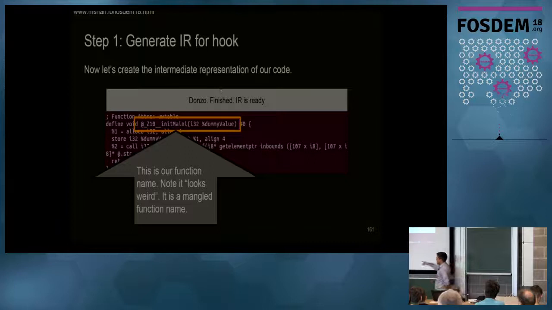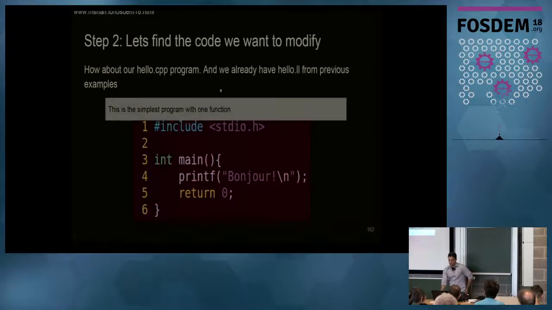There's our function. The name is mangled. If you've worked in compilers, that means it's going to look a little funky, _Z1 underscore underscore init main I there. You can unmangle it. I'm just working with the mangled name. Here's our code we want to modify, just a simple program as an example.